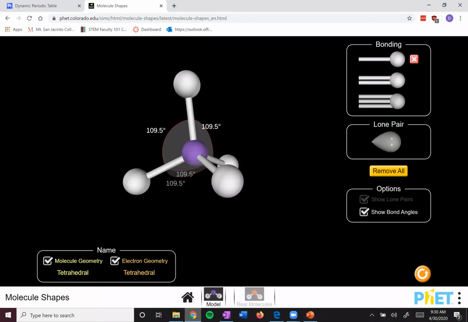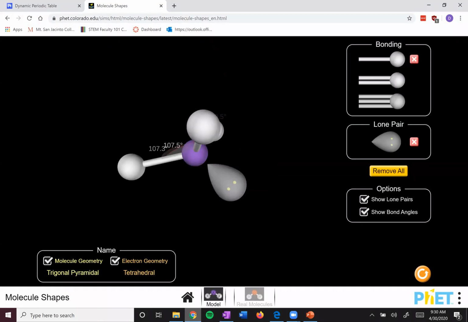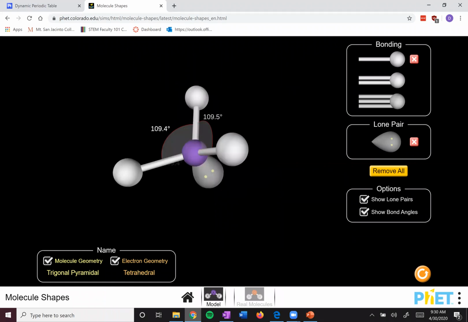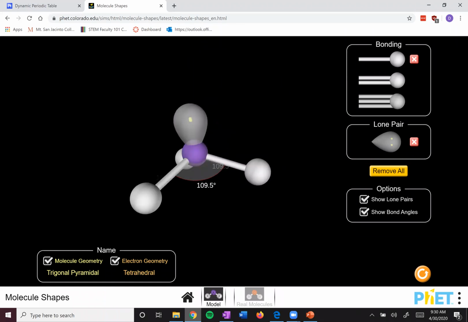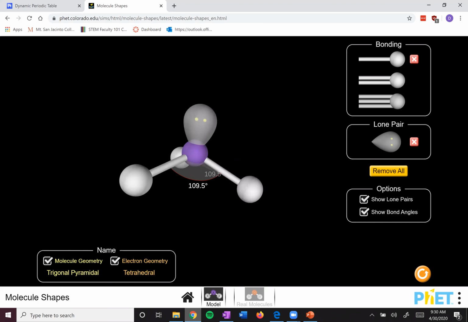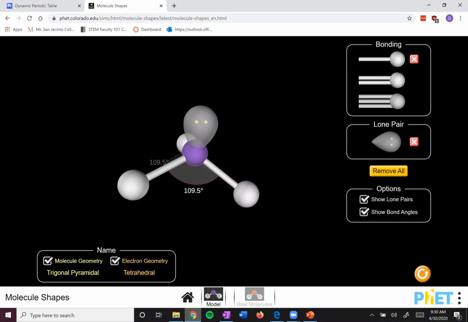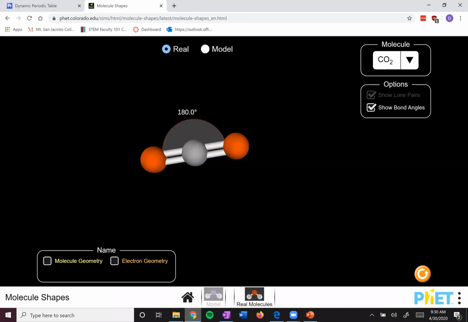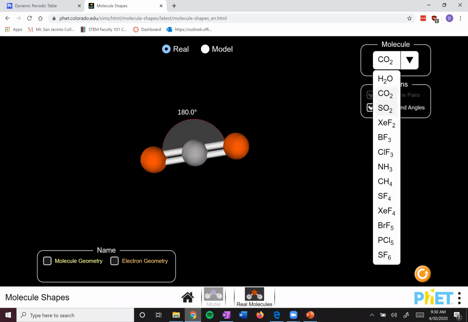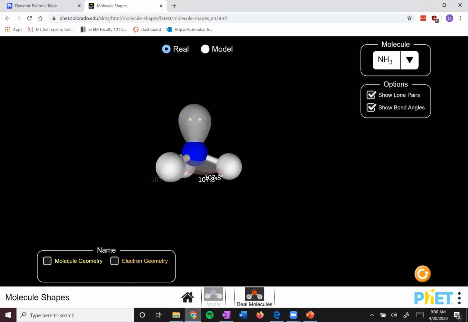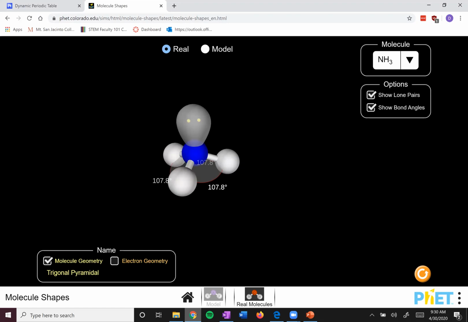We'll take out one of these bonds and put in a lone pair. And so you can see you've got a triangle down on the bottom, and it looks like a pyramid. So trigonal pyramidal. Again, you see this model points at 109.5 degrees, but if we take a look at the real molecule, NH3, yep, there's NH3. You can see all of the bond angles are less than 109.5, right? And so molecule geometry, trigonal pyramidal, electron geometry, tetrahedral.